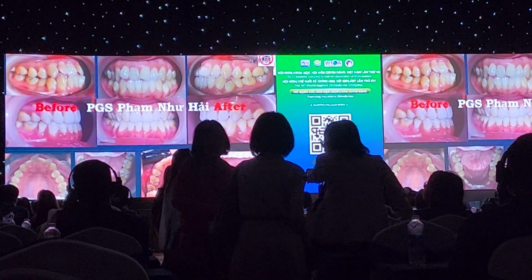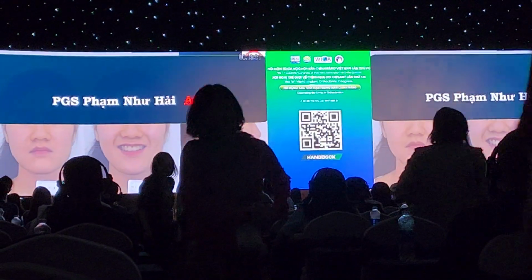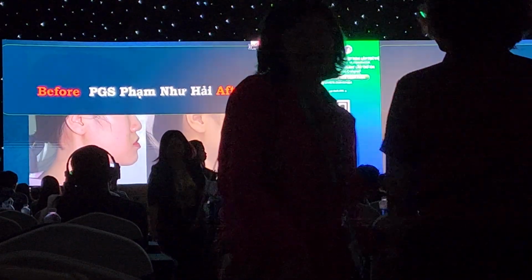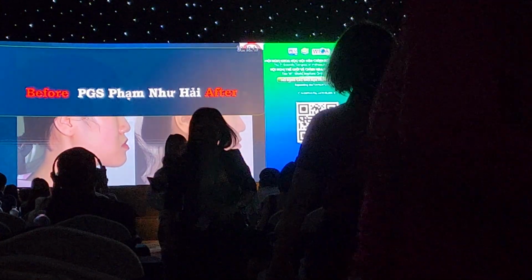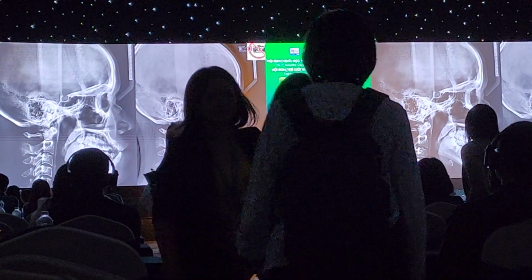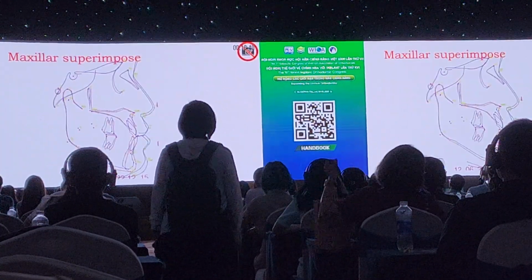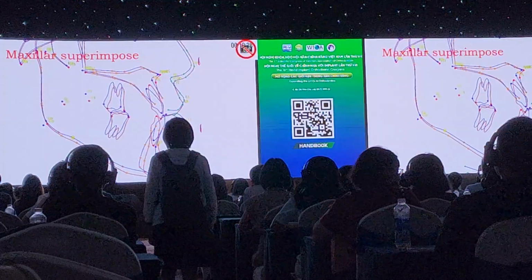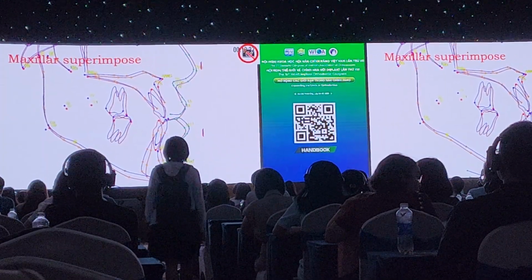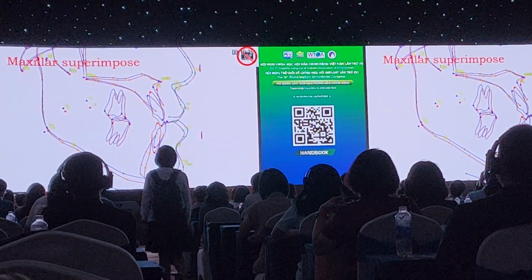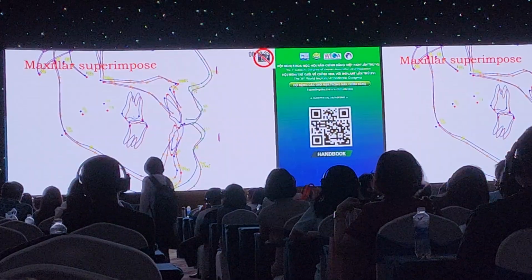After, the face, before and after, and cephalometry, tracing, and superimposition. In the maxilla, I extruded the incisor and the molar a little bit.